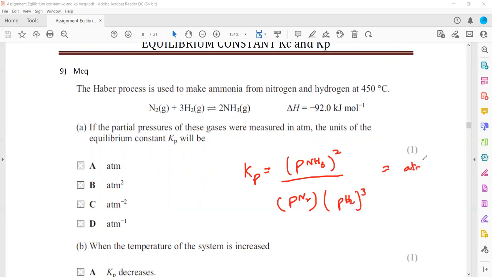This will be atm squared, this will be atm, this will be atm cubed. Simplifying, the atm squared will cancel, so we are left with 1 over atm squared. This will move to the numerator as atm minus 2, so C will be the right answer for us.